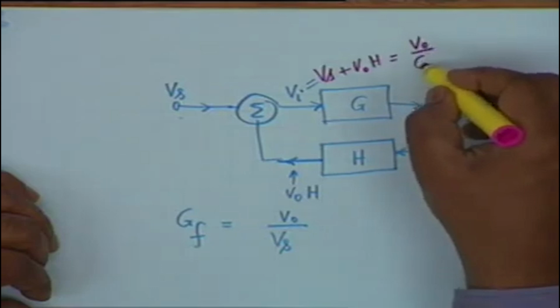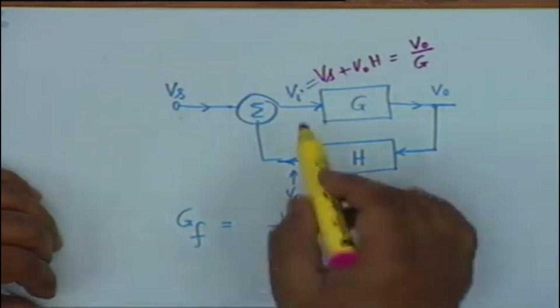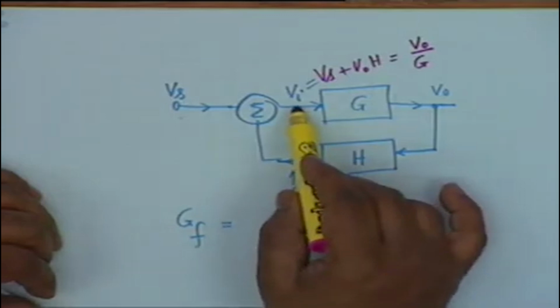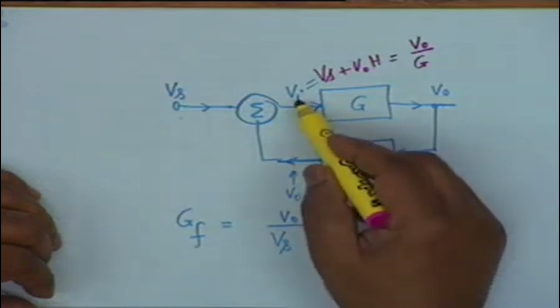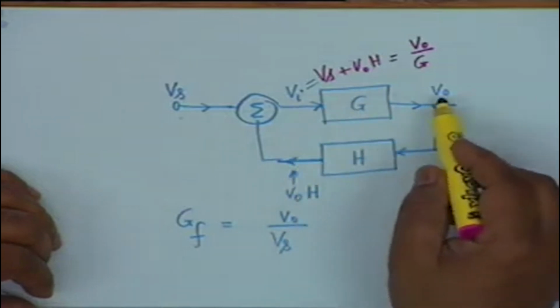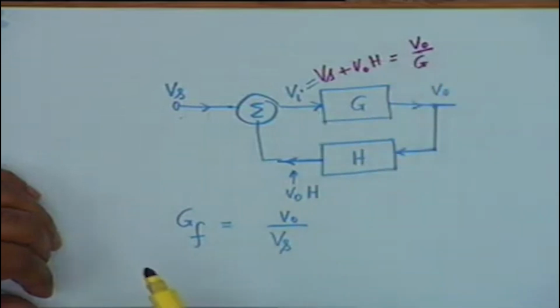Therefore, Vi is V0 by G. Is this clear? This signal is Vs plus V0H, and this signal when multiplied by G shall give V0. Therefore, this signal must be V0 by G.